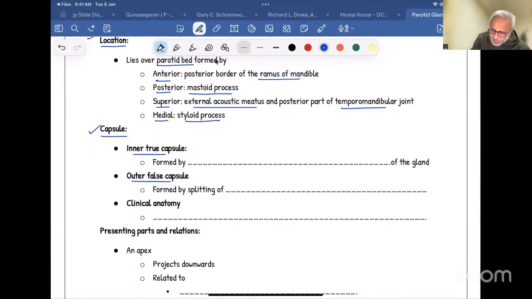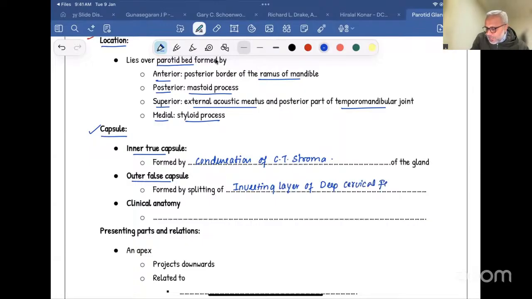The inner true capsule is formed by the condensation of the connective tissue stroma of the parotid gland, whereas the false capsule is formed by splitting of the investing layer of the deep cervical fascia.